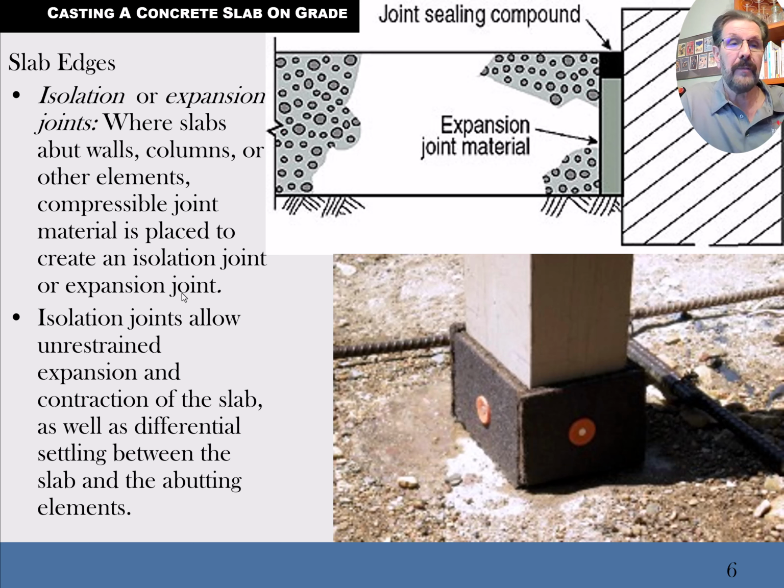So you need some expansion material around it, so that as the concrete moves around, and concrete does tend to move from side to side a little bit, it's not going to end up either dragging that column sideways or causing the concrete around it to break up. And then you've got a problem where moisture and critters can come through, and unsightly cracks.